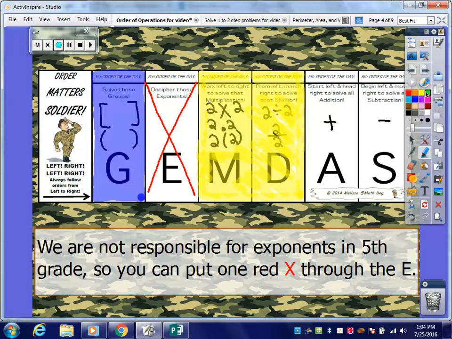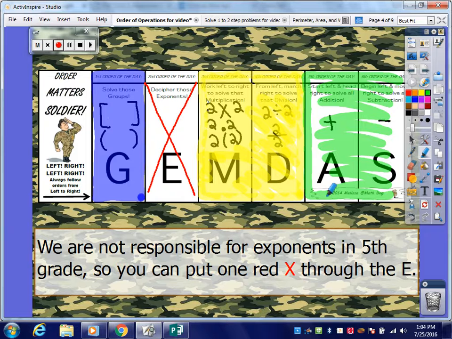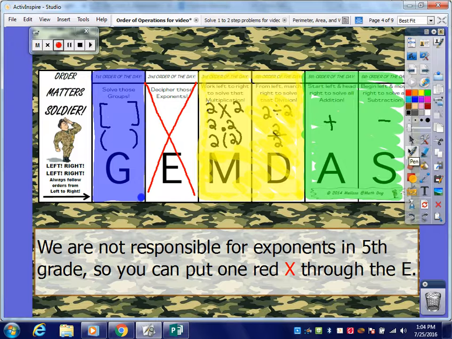Desk 6, what did you and your partner come up with? Good. It does mean that they're also interchangeable. So again, whichever one comes first, left to right in the problem. So take your green marker and shade in both addition and subtraction. So when you're solving a problem, you have to look at groups first, then you look for multiplication or division, and then you look for addition and subtraction.